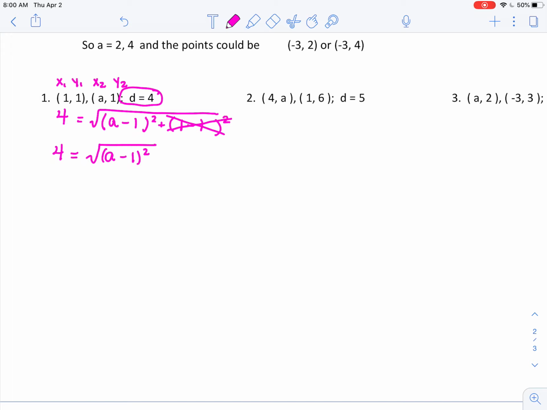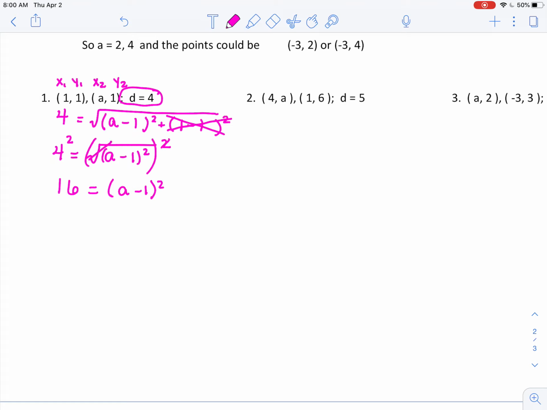Okay, the next step is to get rid of our square root. In order to do that, we know squaring and square rooting cancel out. So now I'm going to square both sides of this equation to get rid of my big square root. So I have 16 equals just what's underneath of the square root sign.